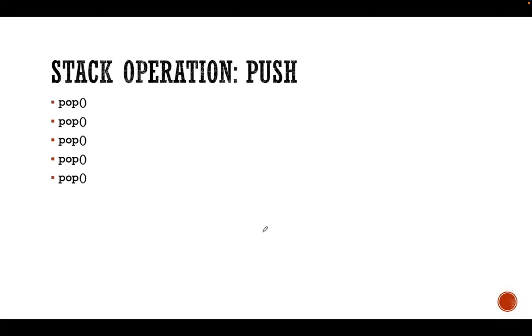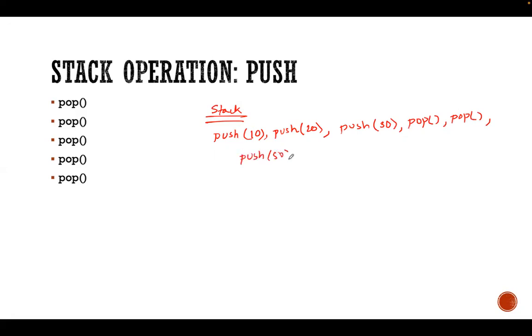Okay, let's see one example. I have an empty stack and I'm running a few push and pop operations. These are the operations I'm running in order: push 10, push 20, push 30, pop, push 40, pop.